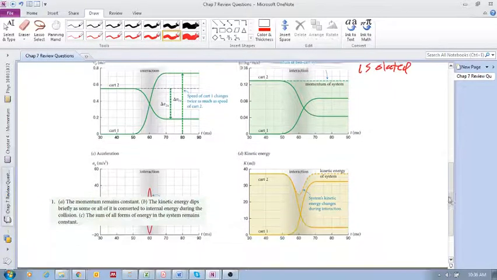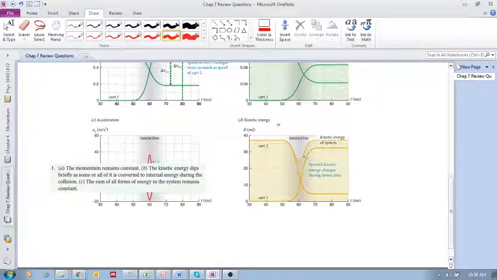But let's have a look at what happens to the kinetic energy. The kinetic energy, can you see that it dips during the interaction? Okay?